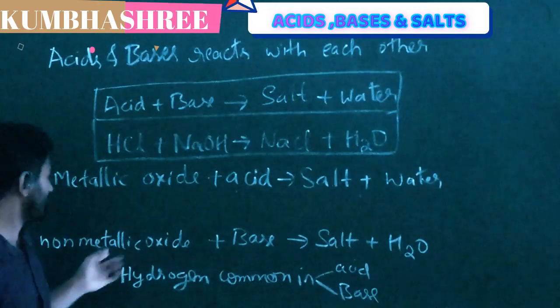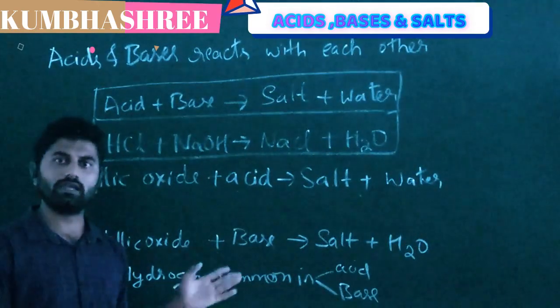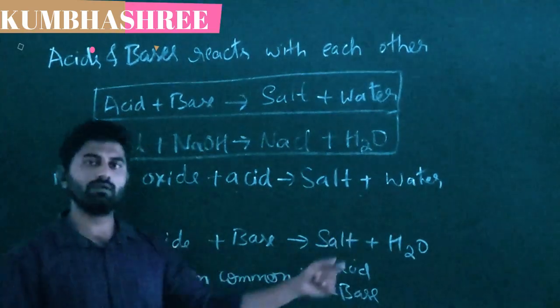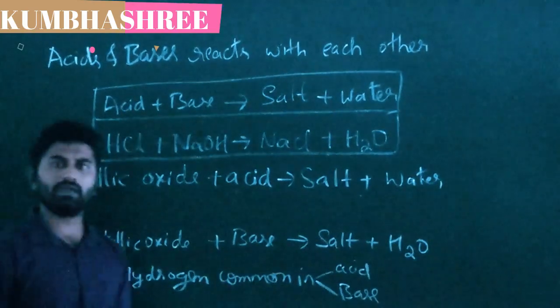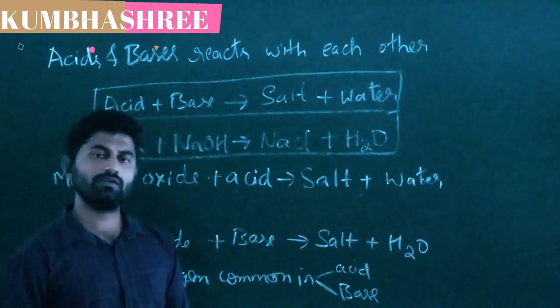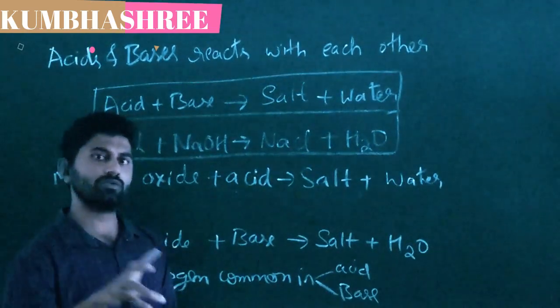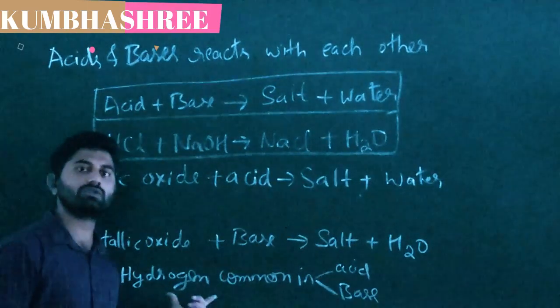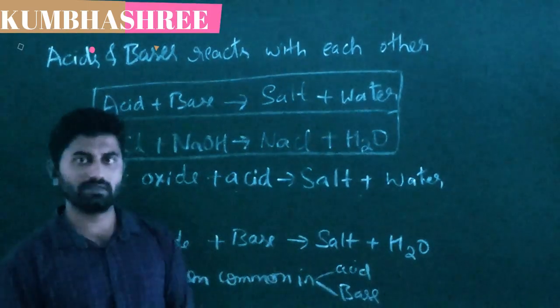And for non-metallic oxide, when reacted with the base, you will get salt and water. Another thing you may get as a 1 mark question: which is the common factor in both acid and base? You can name it as hydrogen, which is common in both acid and base.